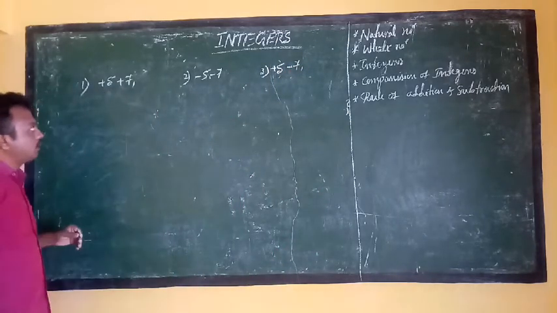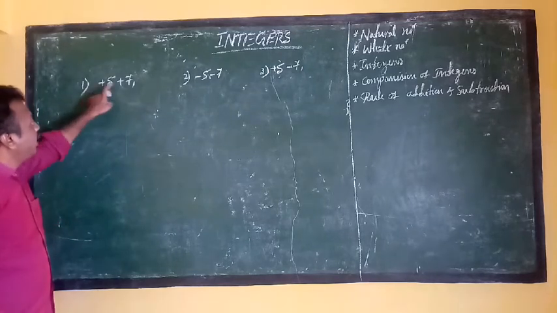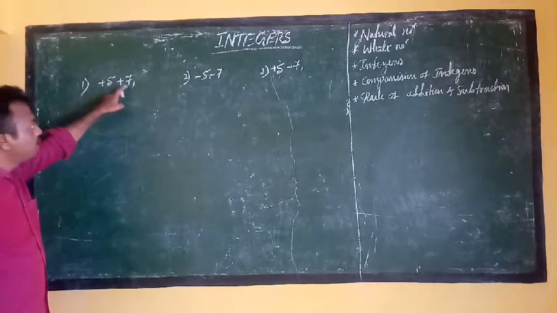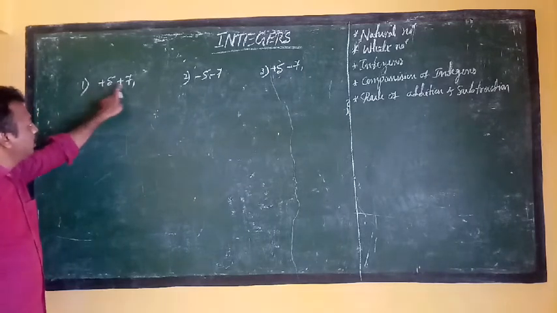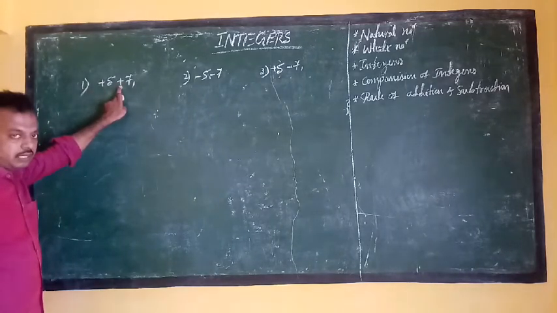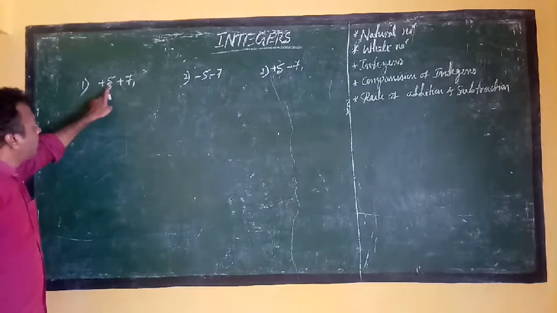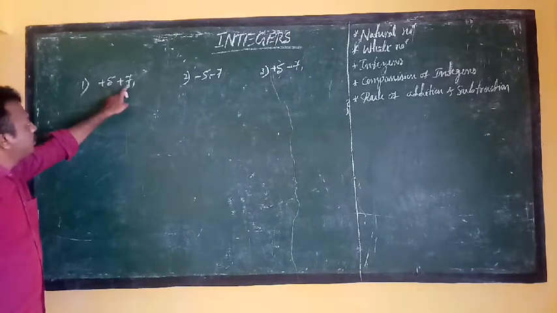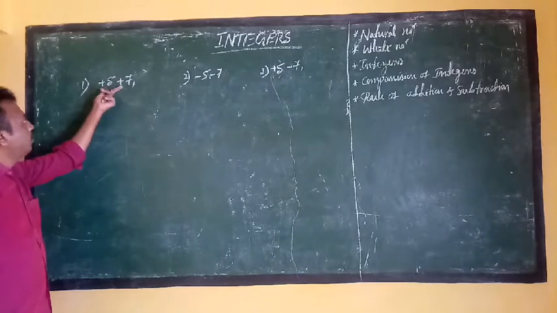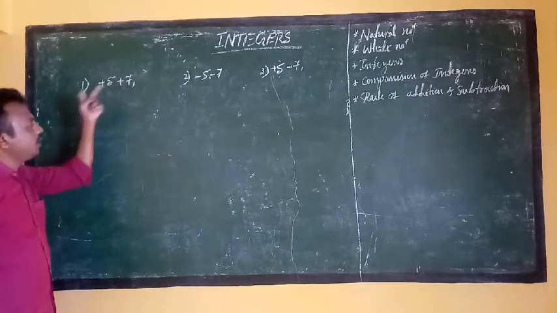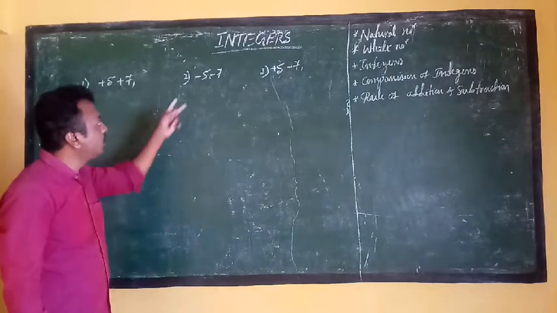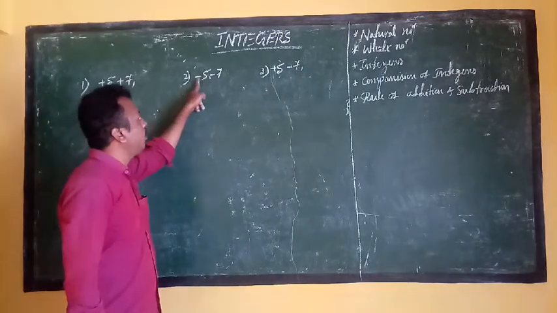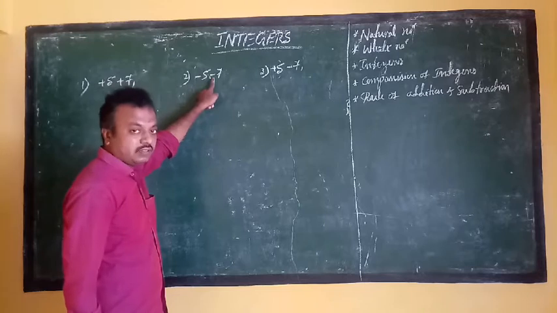Okay. See students. First of all, +5 and +7 is there. 5 has a positive sign, and 7 also has a positive sign.